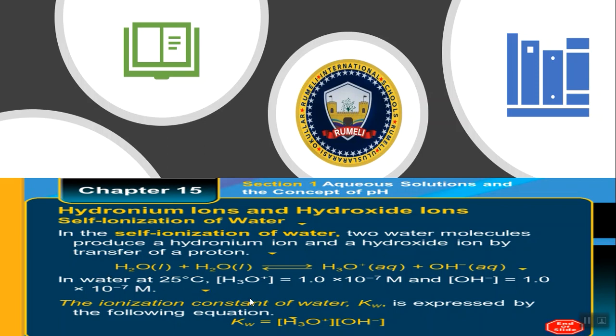So the concentration of hydronium ion is half of this value. So the concentration of hydronium ion is equal to 1 times 10 power minus 7 molarity, and the concentration of OH is the same. This is the self-ionization of water.